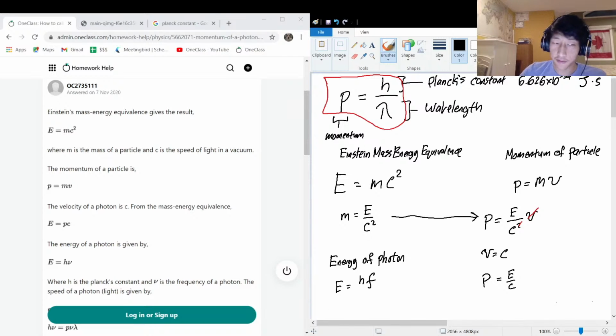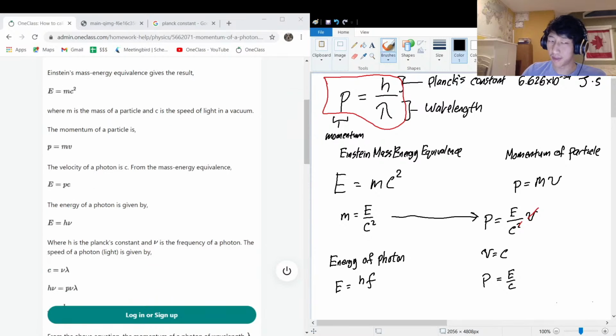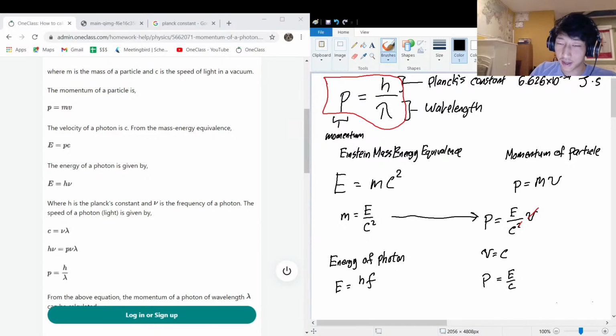Here they use V. All my life I've been taught to use F for frequency, but I've seen some people using V for frequency. I guess that works, but in my opinion, F makes a lot more sense because you don't use F for other things like velocity. So that's just my opinion.